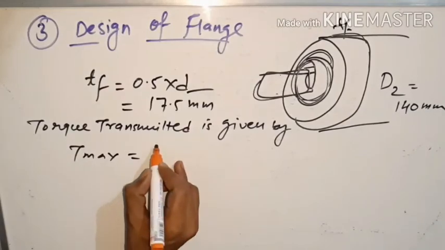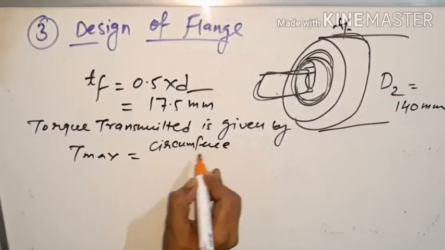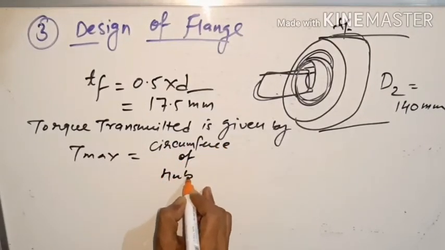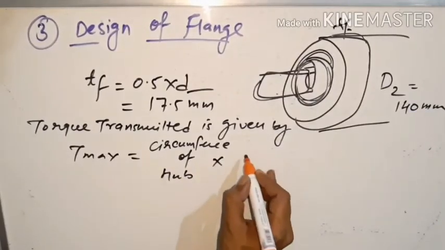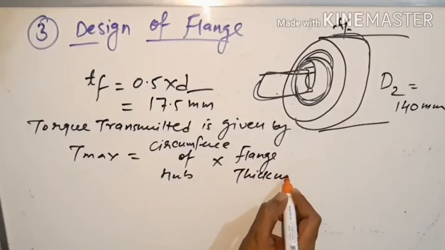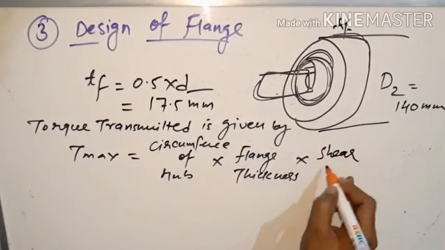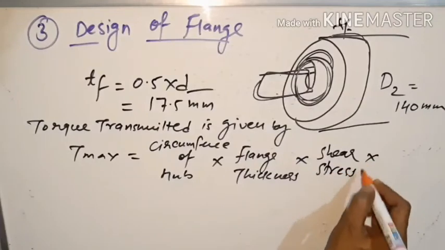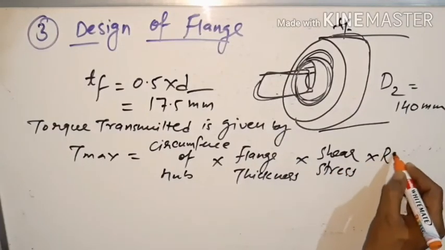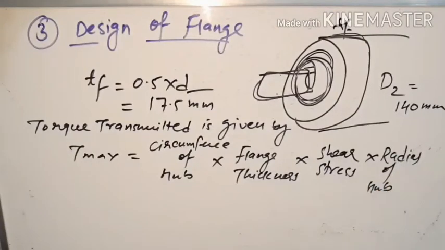So T max is equal to the circumference of the hub into the flange thickness, into the shear stress, into the radius of the hub.